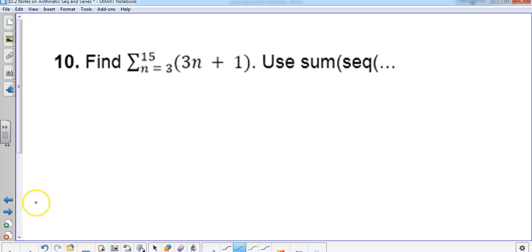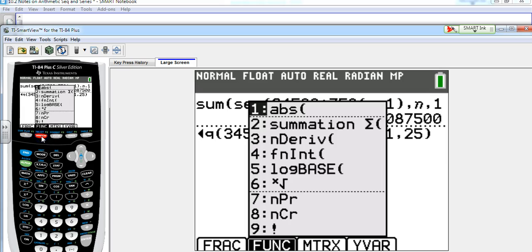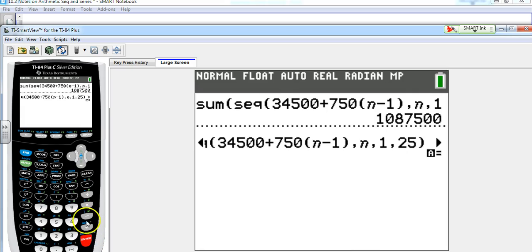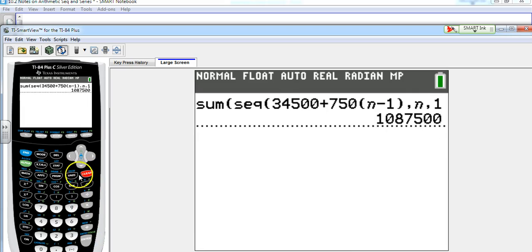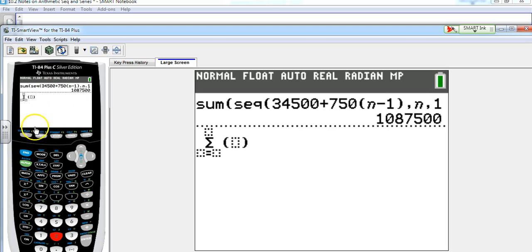All right. Just a couple quick review questions here. If you have a newer calculator, you can do alpha and then window and find the summation notation at choice 2, and then you can fill in all those little boxes and do this question.